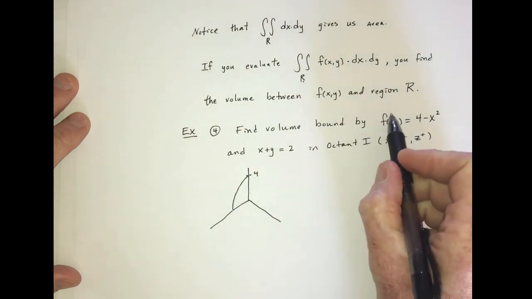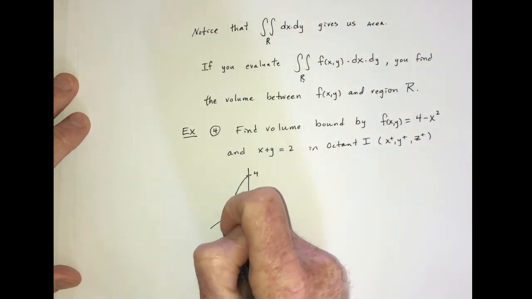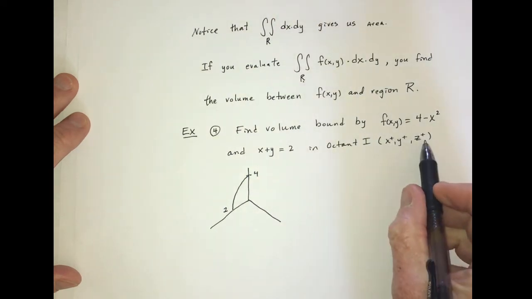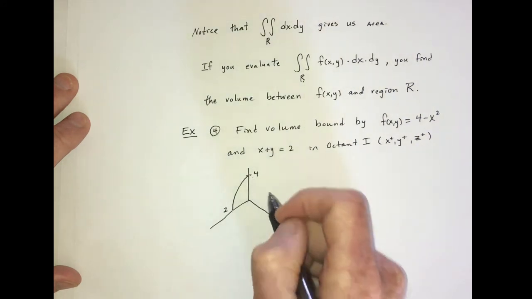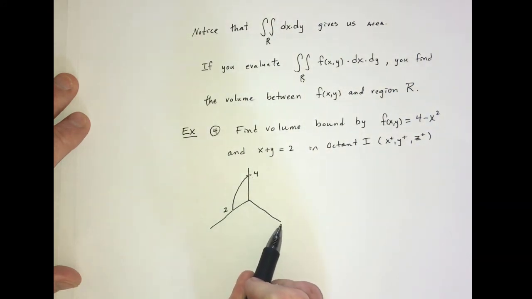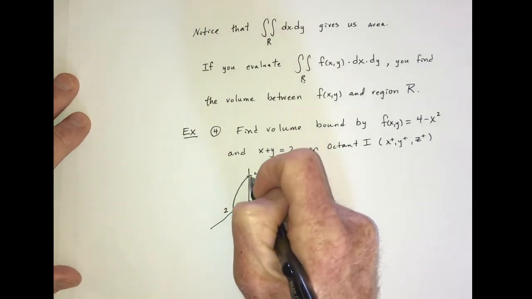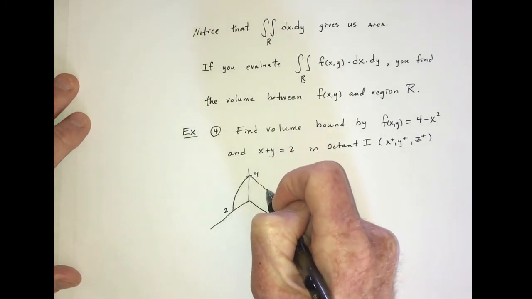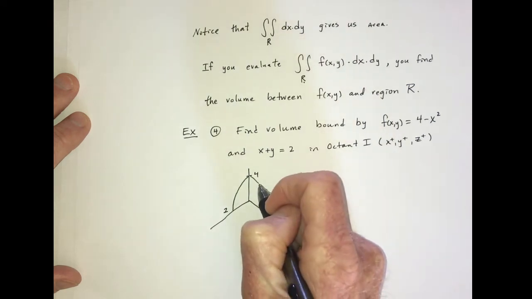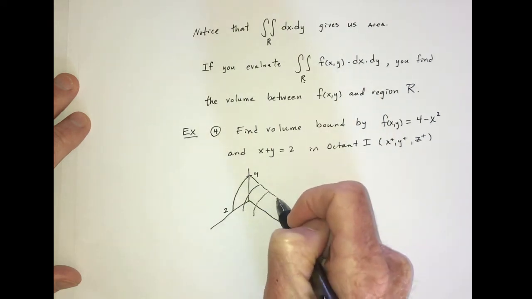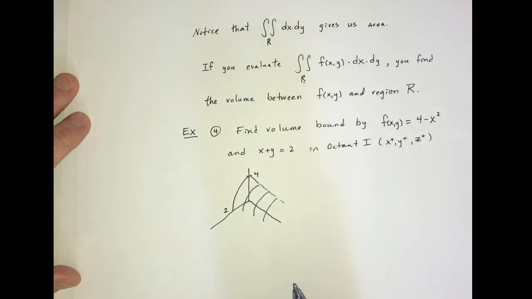And if you set that equal to 0 and solve for x, it's going to be 2. And then on the other side would be negative 2, but we're only using the positive side. So then if you create a line that's parallel to the y-axis, and then you draw another, and then another, and another, so that's the shape.